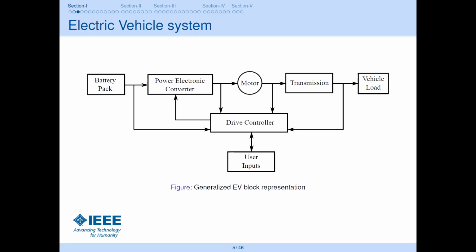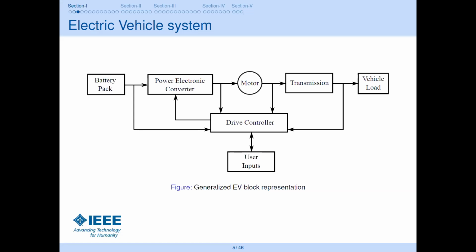You can see here a generalized block diagram of an electric vehicle, which has a battery and a converter which converts the DC to AC. Why? Because most of the electric vehicles being researched right now have AC motors, which can be induction motors or permanent magnet motors. That converter converts the DC to AC, and you have the motor.